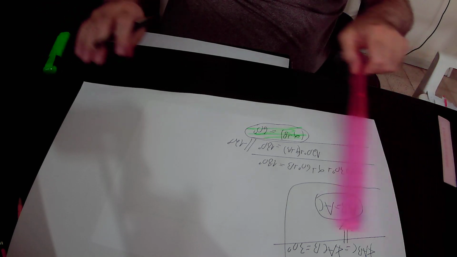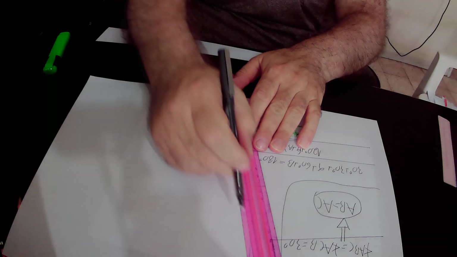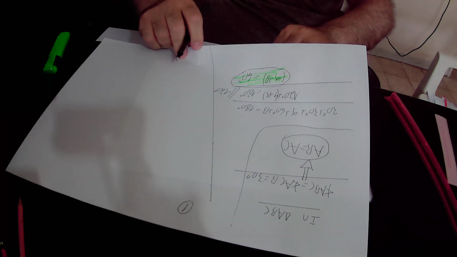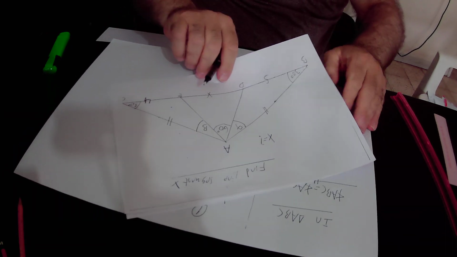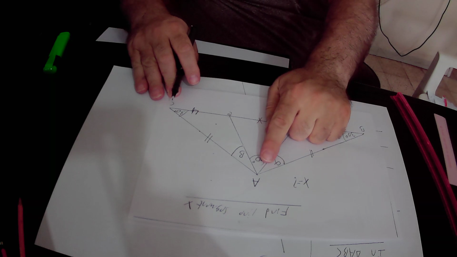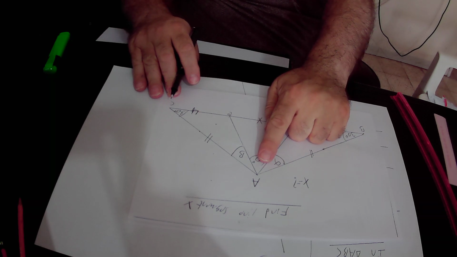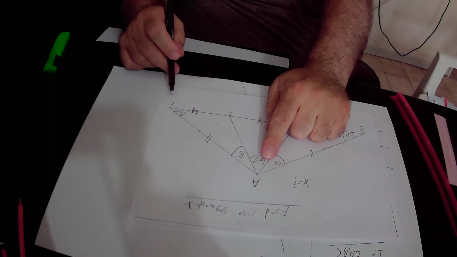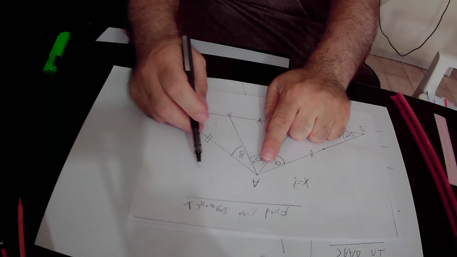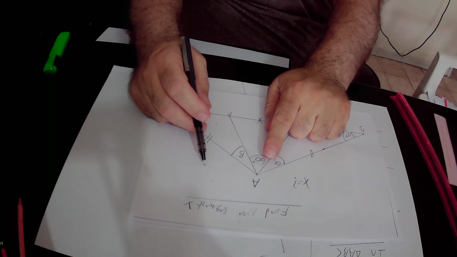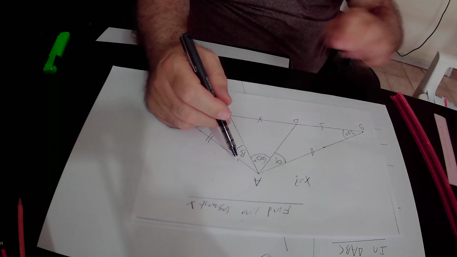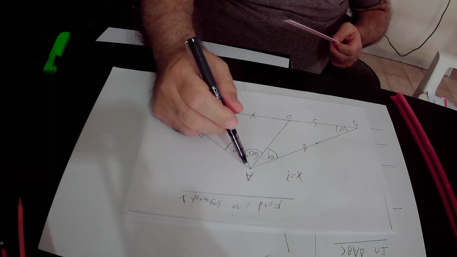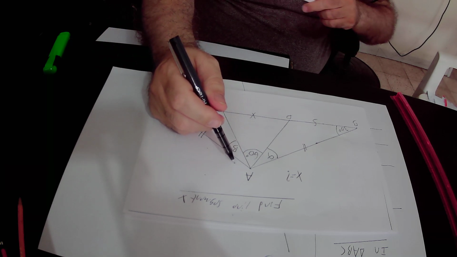In the next step, we'll do two constructions. Here, from point A, we draw a straight line in such a way that side CA and the straight line together will create angle alpha.